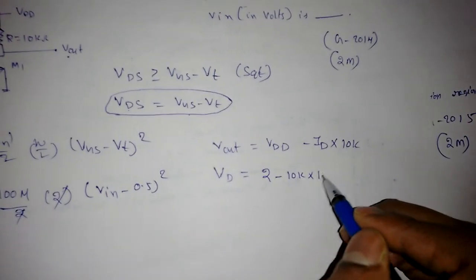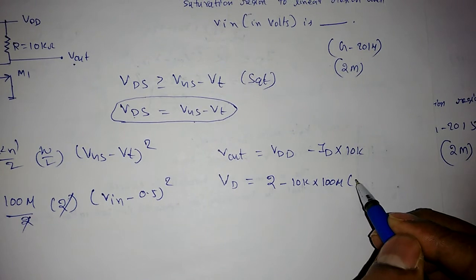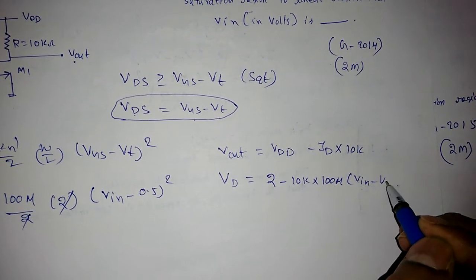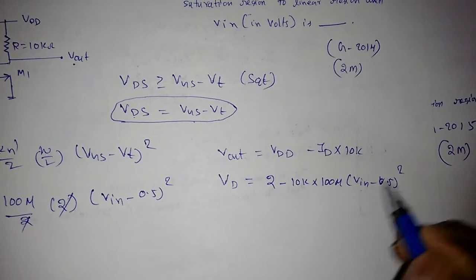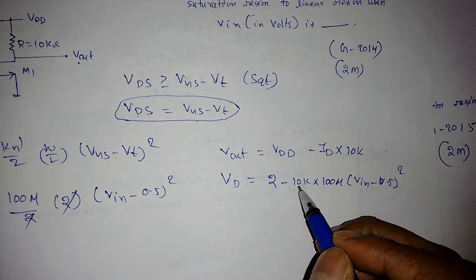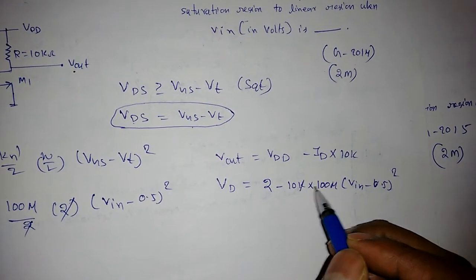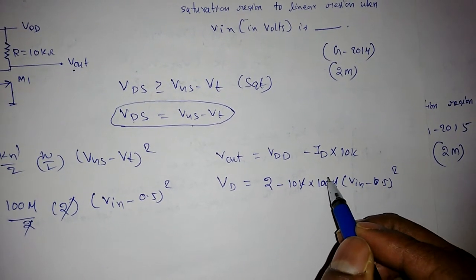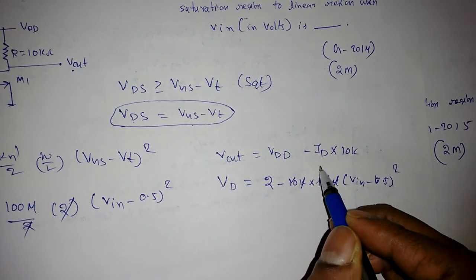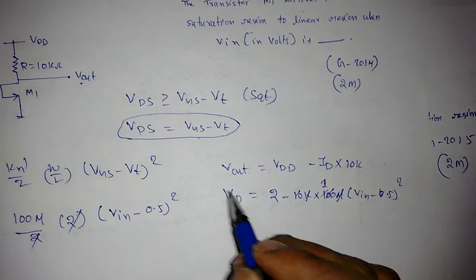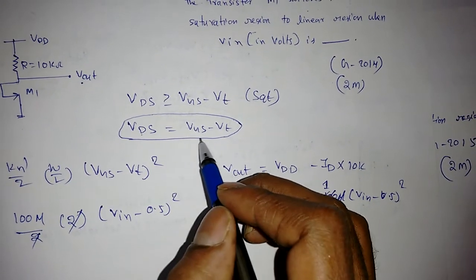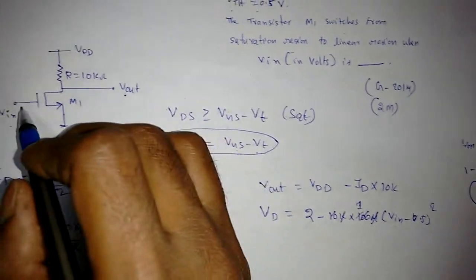It will become 100 micro into (Vin minus 0.5) square. So 100 into 10, it will become 1000. So 1000 kilo into 1 micro, everything will be cancelled, it will become 1. So Vd from this expression, Vd is equal to VGS minus Vt. What is VGS again? Vin.